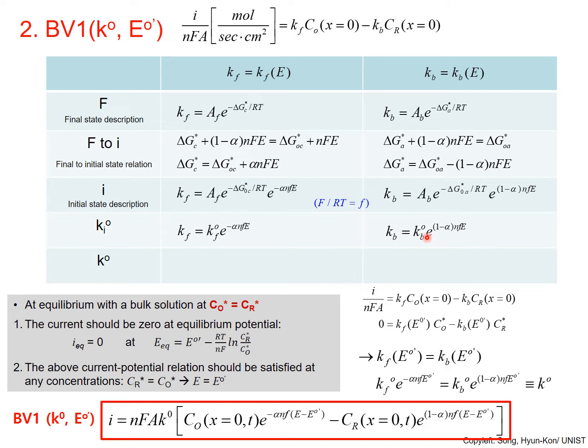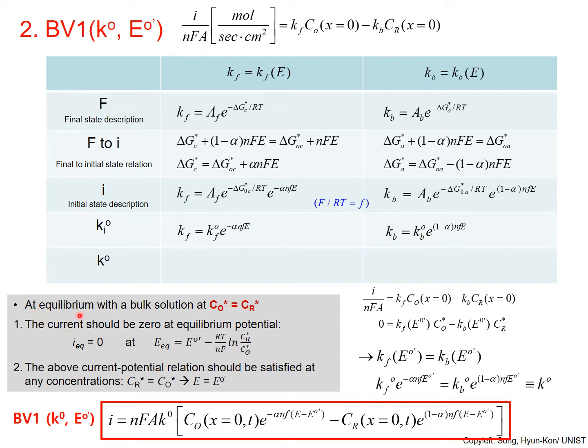I mean at any concentrations and any potentials, these equations should be right. So let me think about very specific conditions or cases. Then at those specific cases, everything should be right for the equation.